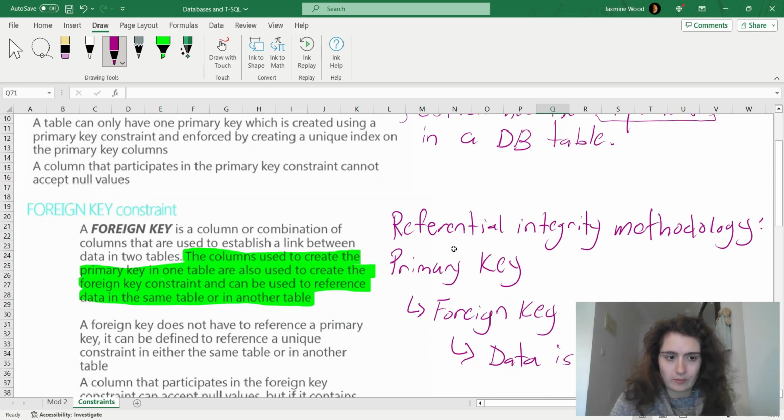And furthermore, you have also a secondary constraint called foreign key. And the foreign key is usually dependent on the primary key. So there's a relationship between primary key and foreign key such that the foreign key can relate multiple databases to each other via a common primary key, essentially. So this is a methodology that we see again in maintaining referential integrity in a normalized database system.